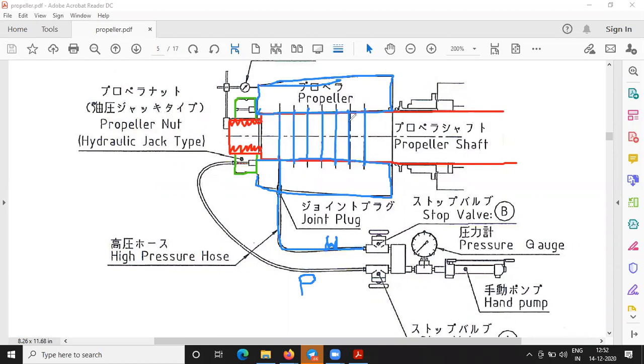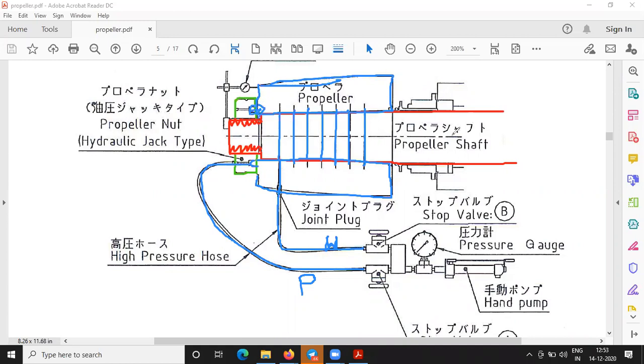Okay, so this is a general arrangement. We have a nut. The nut has got a protruding part, which, whenever we supply the pressure from the hydraulic pump, pushes the propeller onto the shaft, because the nut is threaded onto the tail of the propeller shaft, and the protruding part pushes the propeller inward.